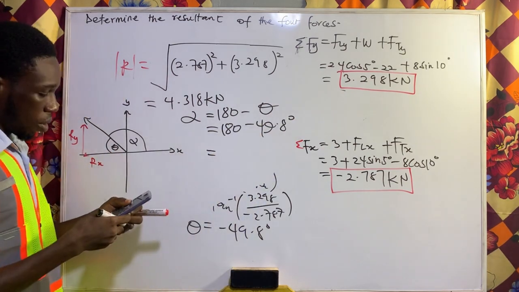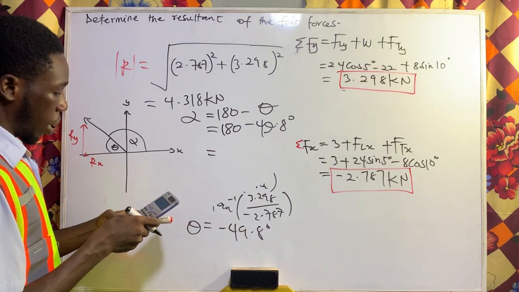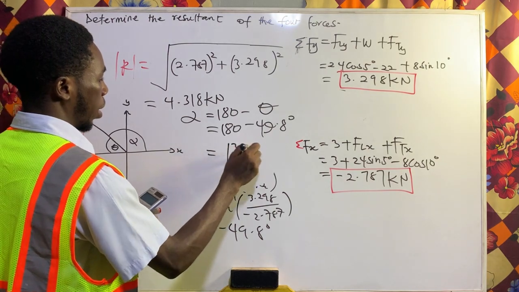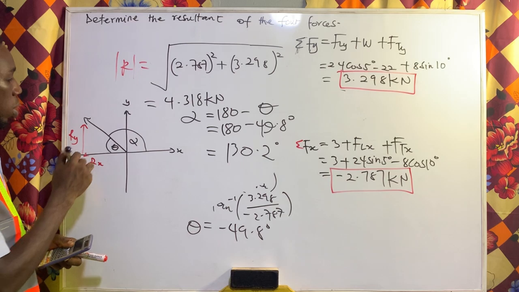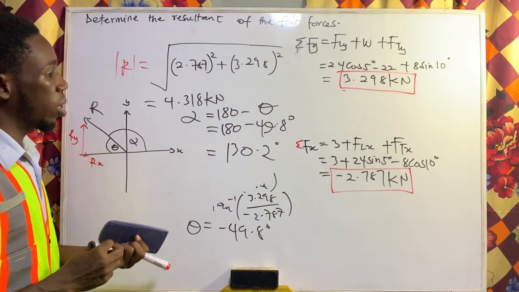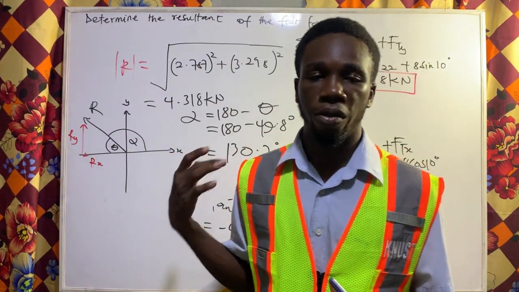So let's see. So that gives us a value of 130.2 degrees. So that will be the angle that the resultant force makes with the positive x-axis. So that's all for this question, and this is how to go about this type of question.